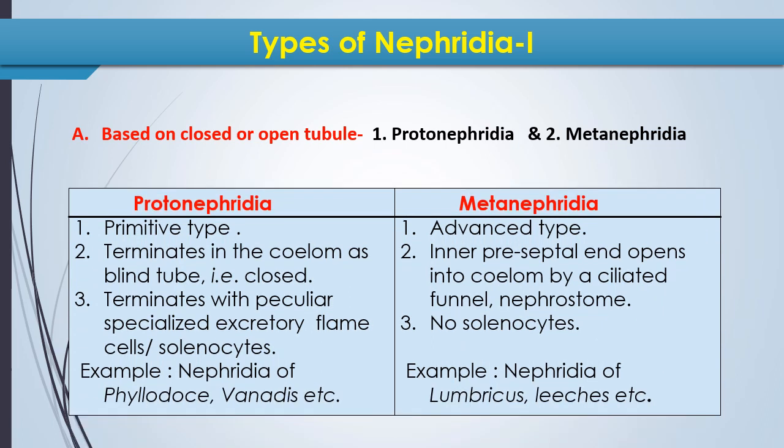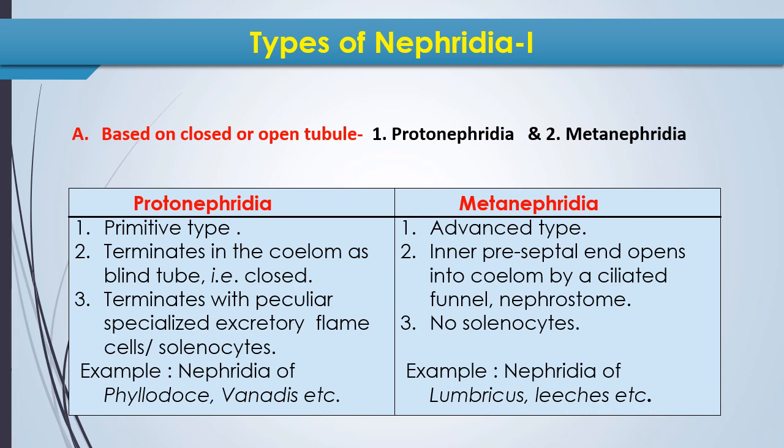The protonephridia are very primitive types of nephridia. These nephridia terminate in the coelom as blind tubes. A typical protonephridium terminates with specialized excretory flame cells or solenocytes. Protonephridia are found in Phyllodoce, Vanadis, etc.